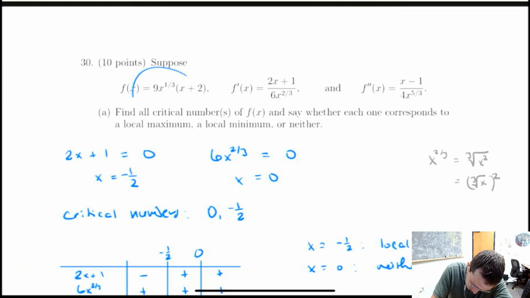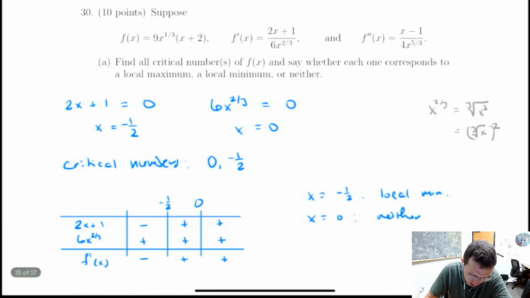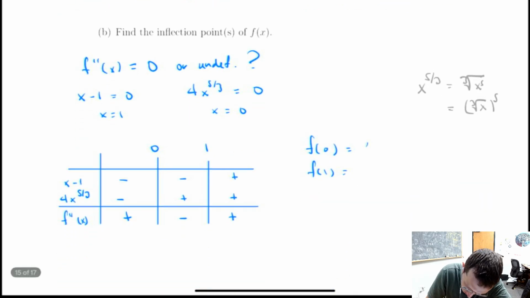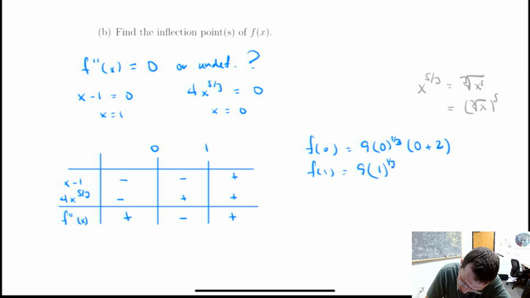My function was 9 x to the 1/3 times x plus 2. So 9 times 0 to the 1/3 times 0 plus 2. And 9 times 1 to the 1/3 times 1 plus 2.